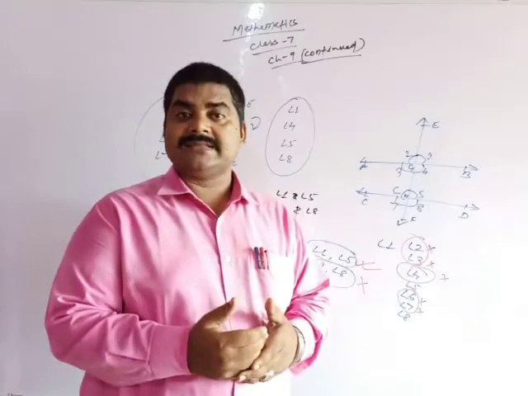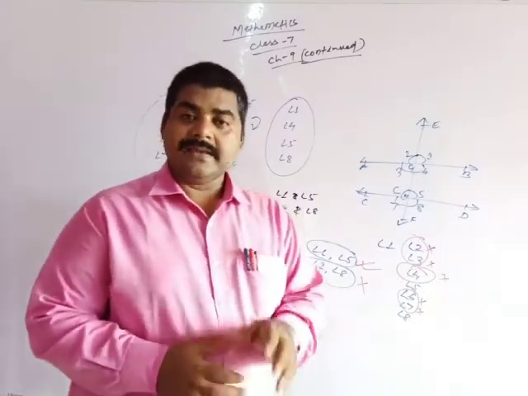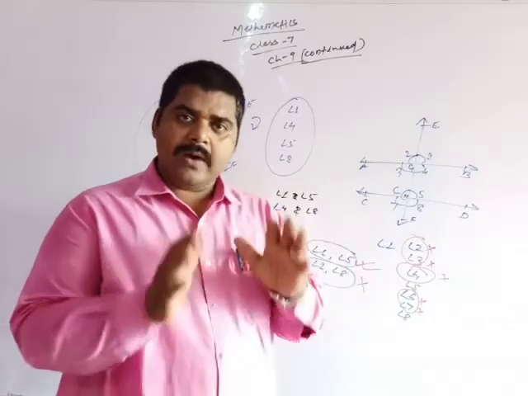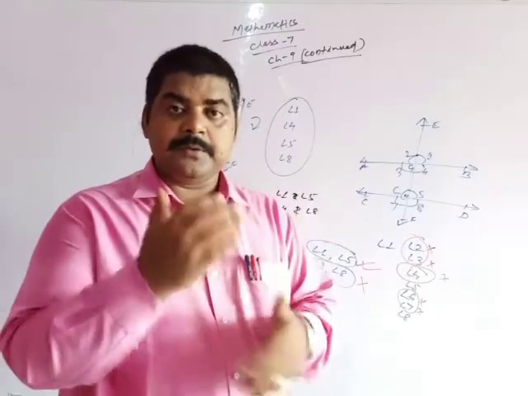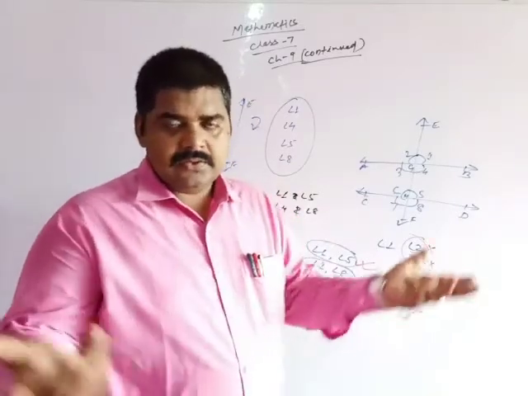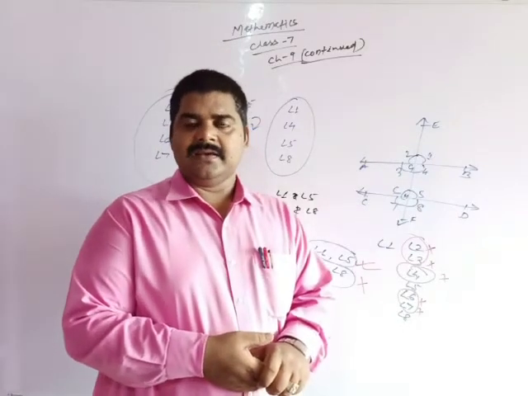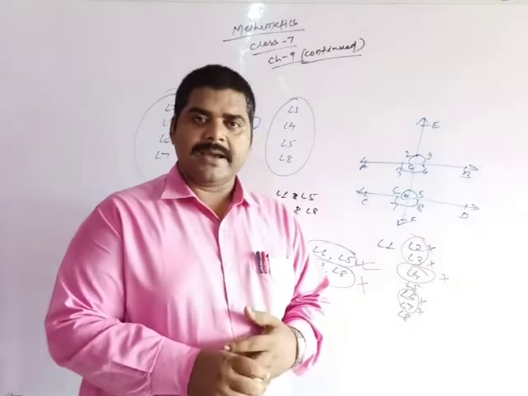If one is exterior then the other of the pair must be interior. If you have understood these three things, then you can easily discuss the corresponding angles. Hope you enjoyed this session.